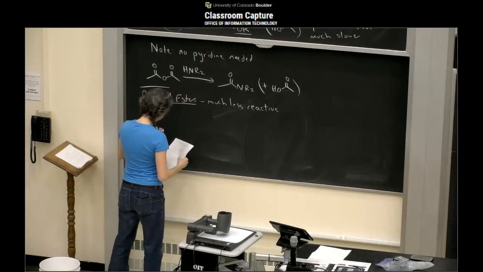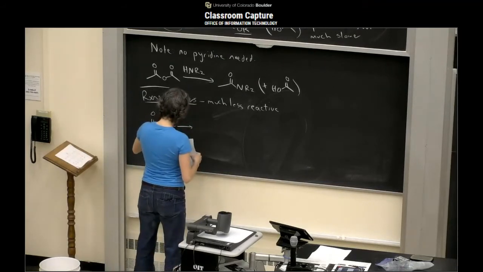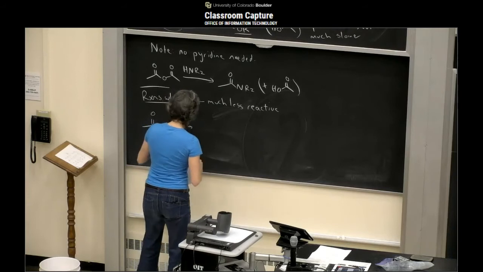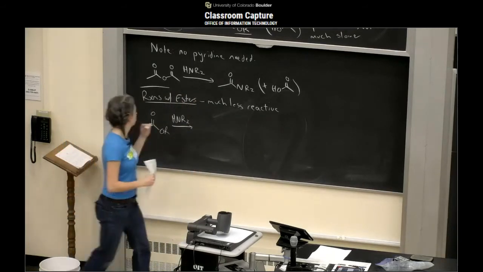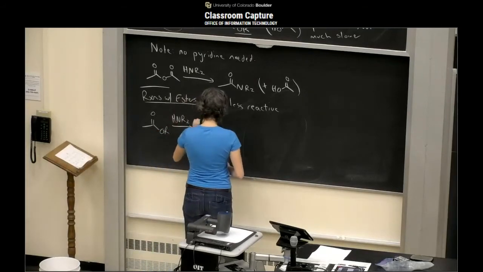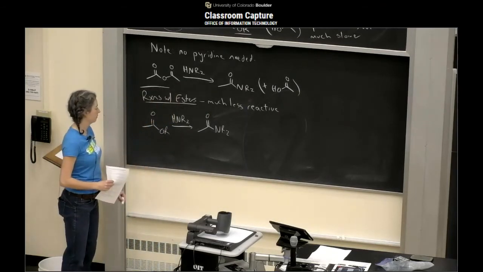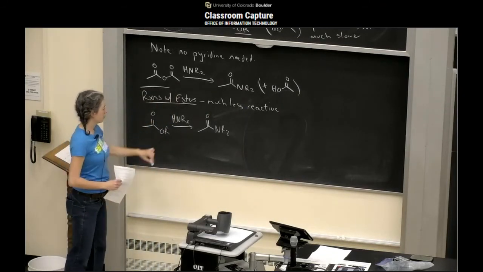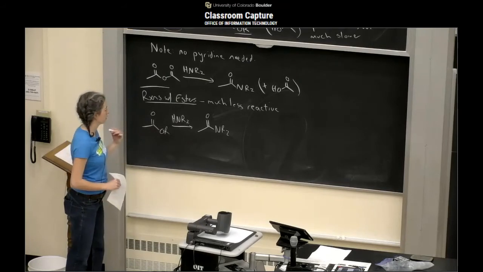So if you bring in an amine, you can get from the ester to the amide. Again, we're bringing in something that looks like the other half of what we're trying to make here. This is really slow. I don't remember how much the book says about it, but you would be waiting around for a long time or just cranking up the temperature on this thing trying to make it go.